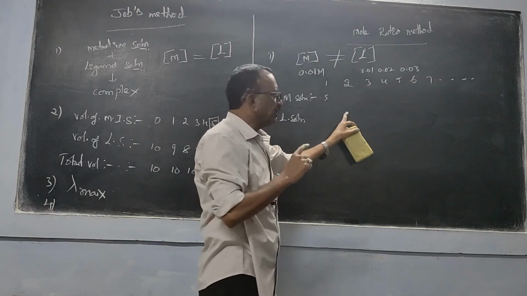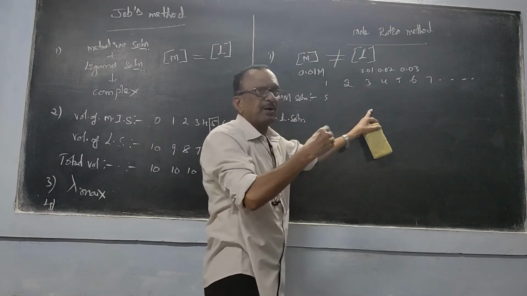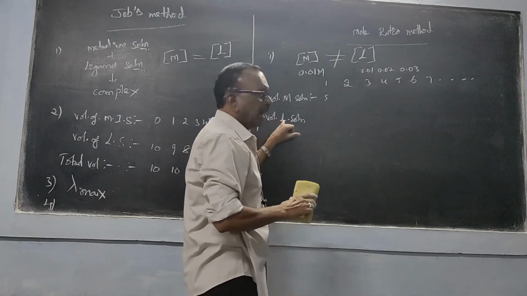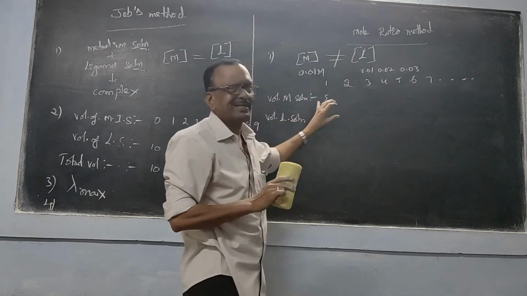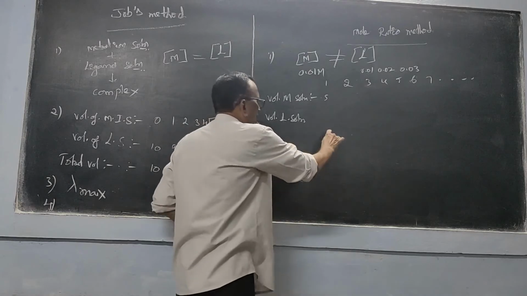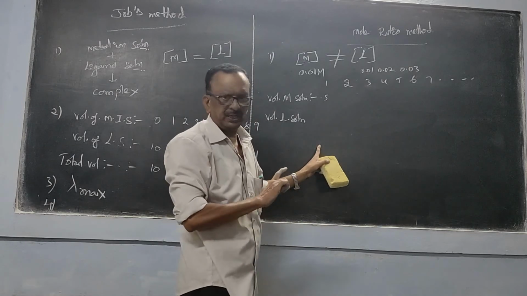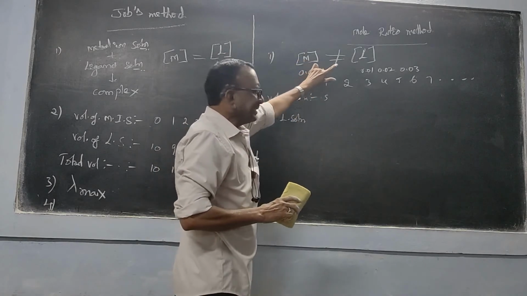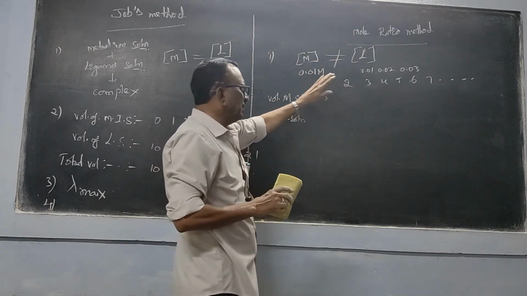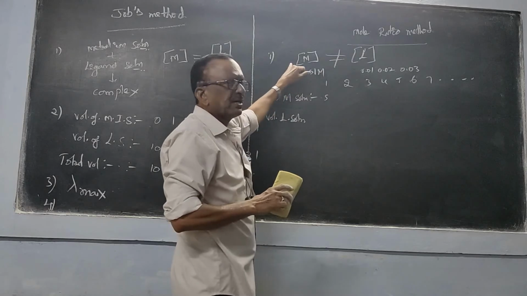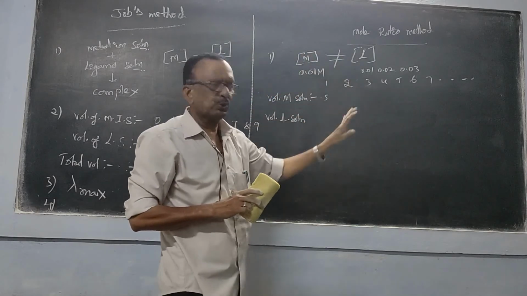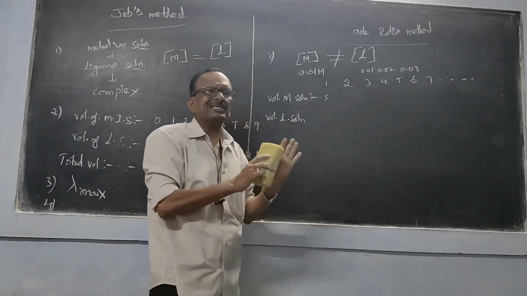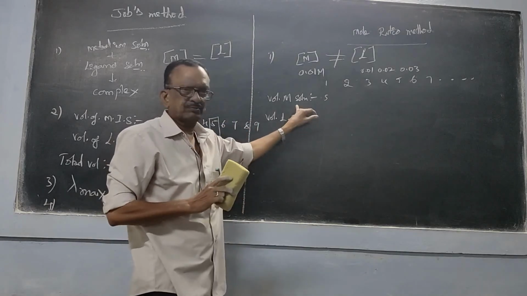Next, in the second one, 0.02. Next, 0.03. Like that, the volume is the same, but its concentration is different. So the total volume will be 10 ml only here also. So that is the main difference. The concentration of ligand solution is different from the concentration of the metal ion solution. Like that, we have prepared 10 sample solutions. Okay.